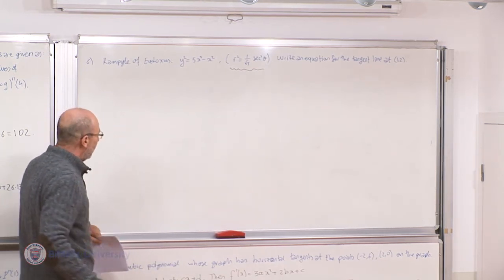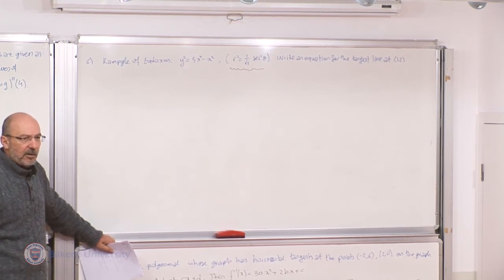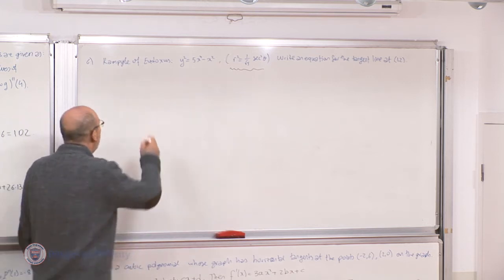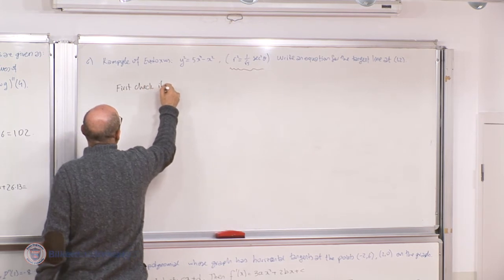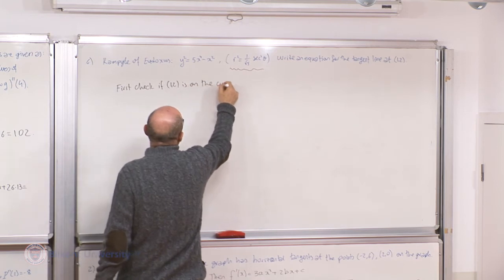In such problems, the equation for the curve is given, and a point is given. Write an equation of the tangent line passing through this point. If the point is not on the curve, you have a totally different problem. If the point is on the curve, then that's a simple problem. Here we first check whether this point is on the curve or not. So, solution first. Check if 1, 2 is on the curve.